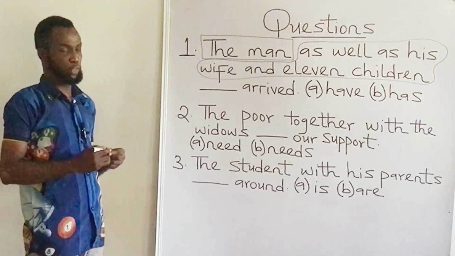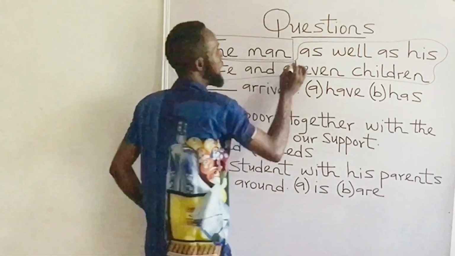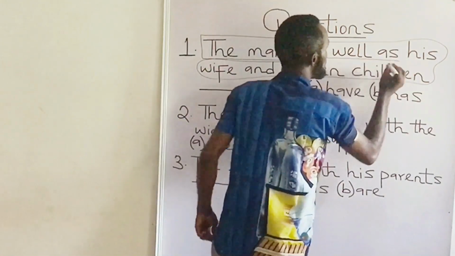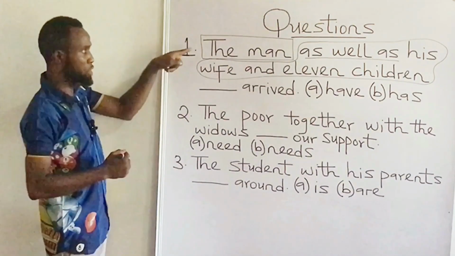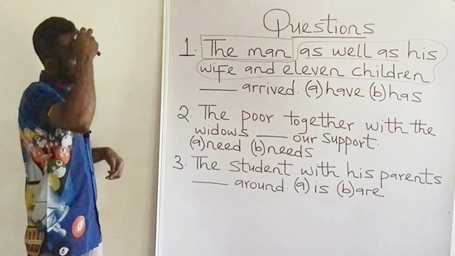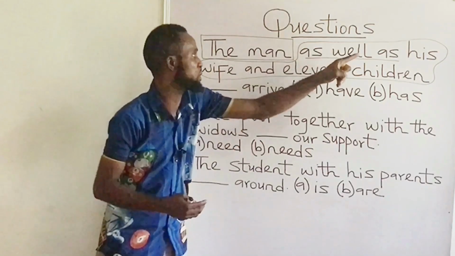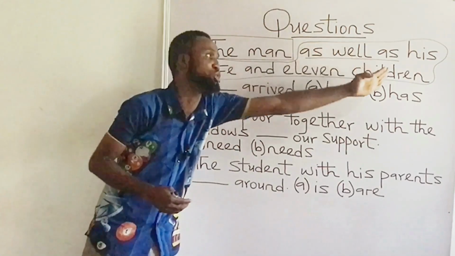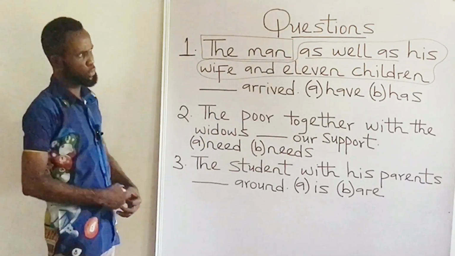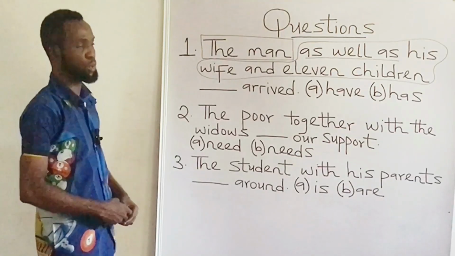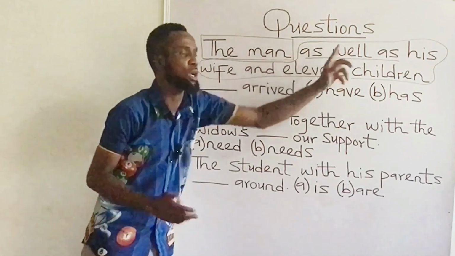The prepositional phrase begins with as well as. Look at it again. There is a subject, the man. The subject is accompanied by a prepositional phrase, which is as well as his wife and 11 children. And the prepositional phrase begins with as well as.